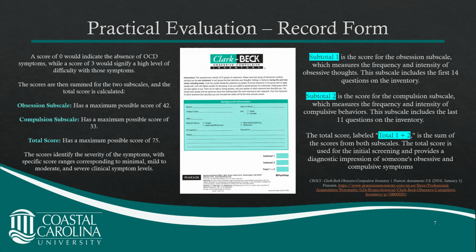The total score has a maximum possible score of 75, so scoring ranges from 0 to 20 would indicate minimal non-clinical symptoms, 21 to 52 indicating mild to moderate clinical symptoms, and a range of 53 to 75 indicating severe clinical symptoms of OCD.